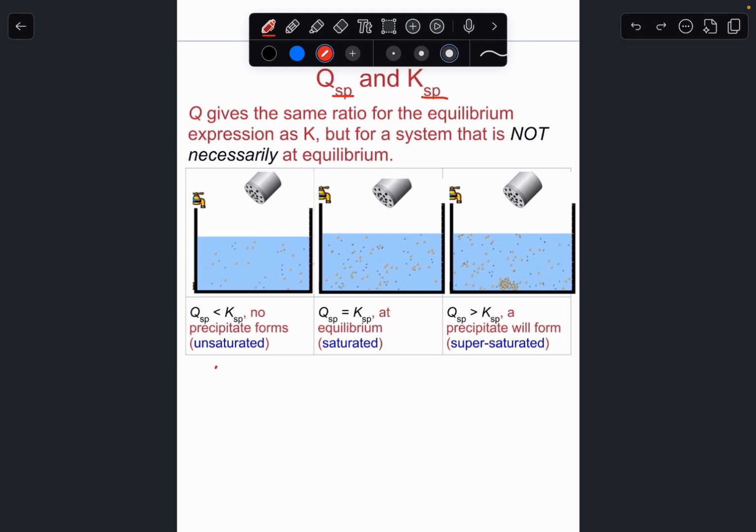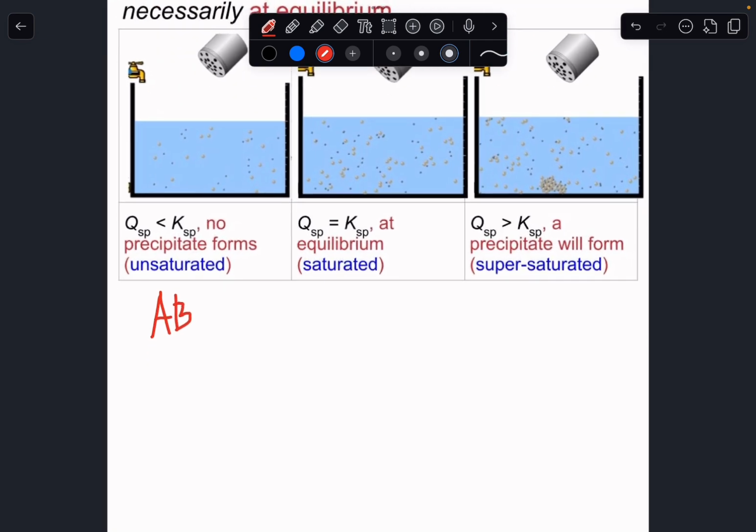When a salt dissolves, usually the equation looks the same for a lot of the problems. Usually it's a solid salt, given by AB, that dissolves into A plus, which is your cation and aqueous, plus B minus, which is your anion and also aqueous, because these are all in solution.